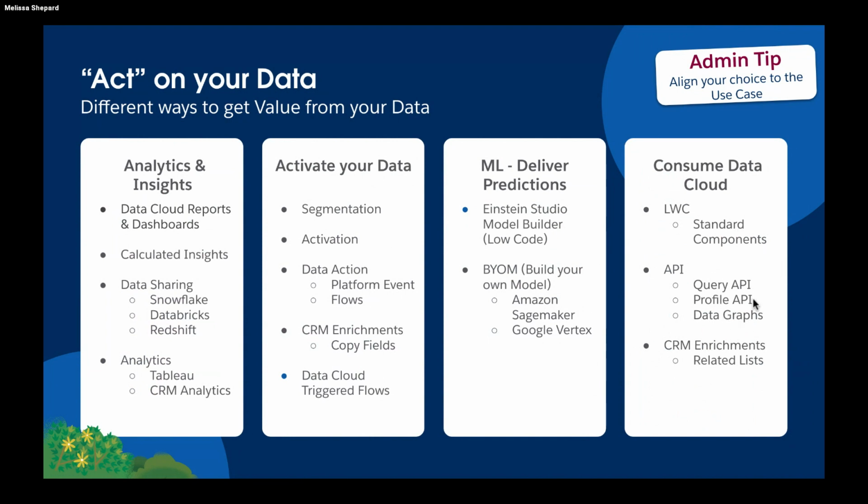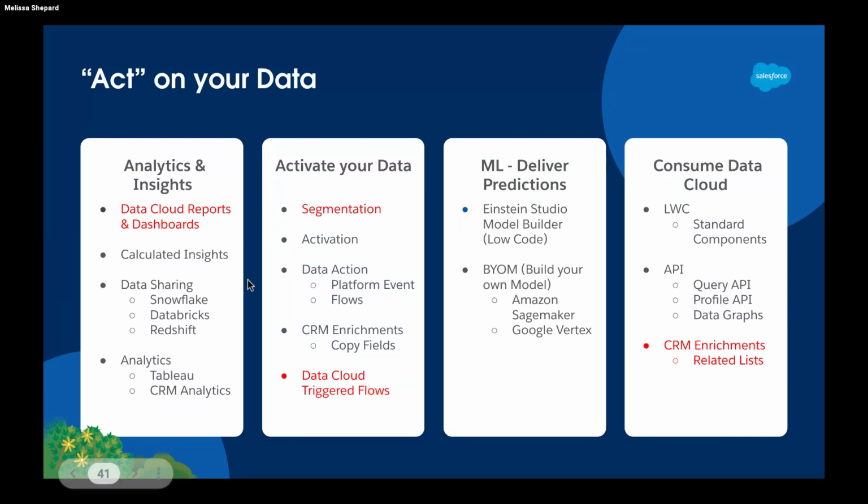And then you can also consume Data Cloud data back into Salesforce through Lightning Web Components. There are also some standard components that you can use: the Query API, Profile API, Data Graphs, and then CRM enrichment, such as related lists with backend CRM. You can see a better view of your data using related lists.